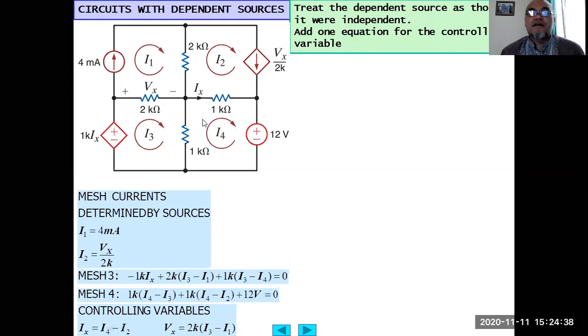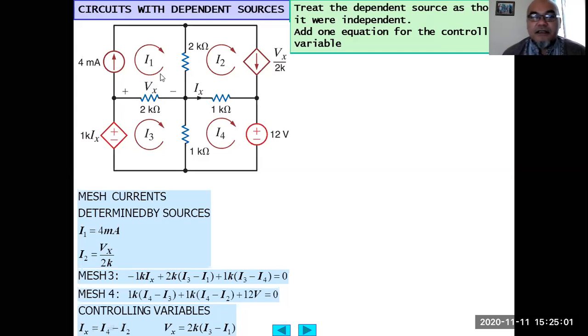Ix is the current flowing through this 1 kilo ohm resistor, so it equals I4 minus I2. Then Vx is the voltage across this 2 kilo ohm resistor. Using Ohm's law, we calculate it from the 2 kilo ohm resistor value multiplied by the current flowing through it, which is I3 minus I1.